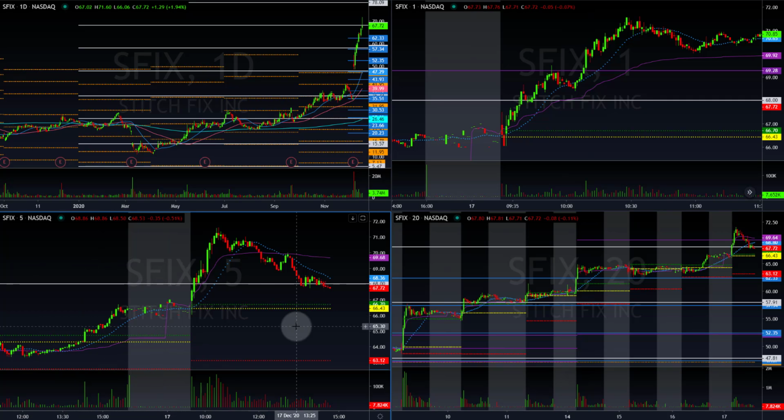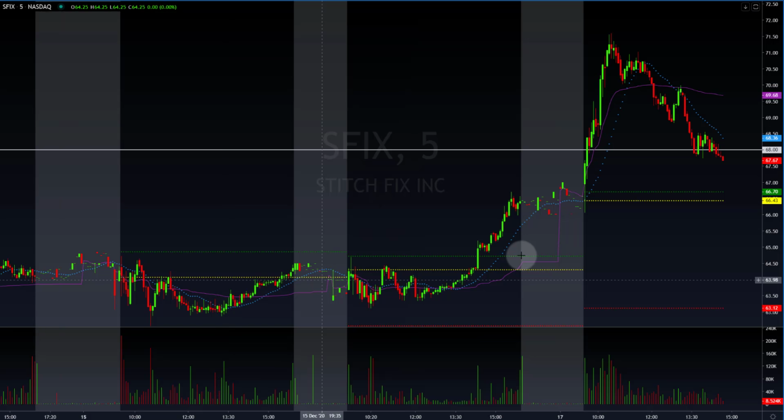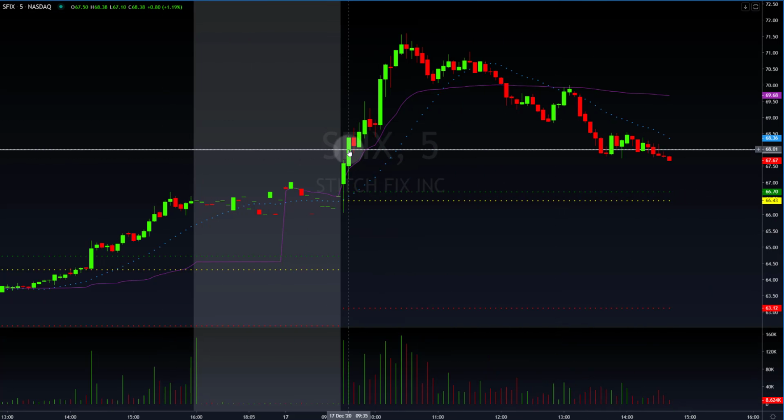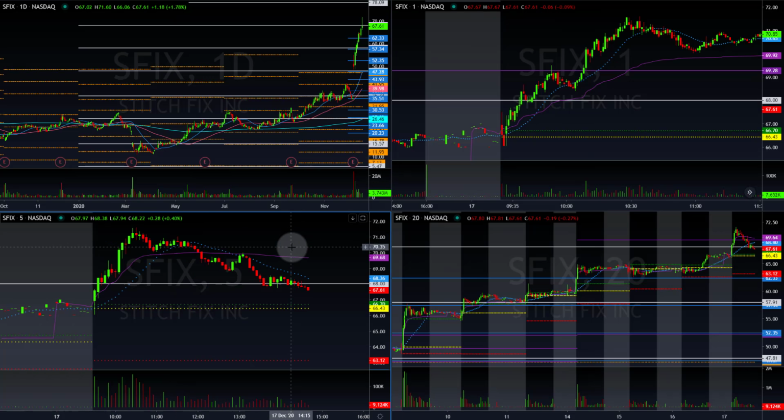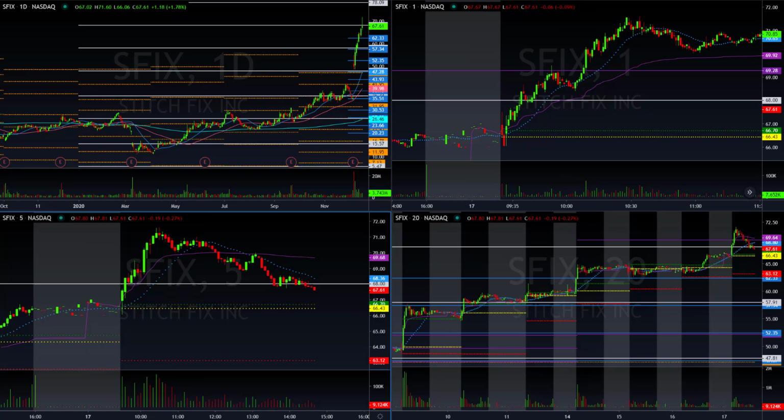So SFIX, I had my entry at around 67.90, just below this yearly pivot. Let's go there. Just here, okay, and then my stop, right?